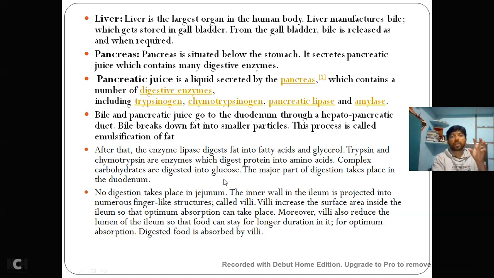The complex food substances which we ate will be broken down into simpler, absorbable micromolecules in the duodenum. Finally, the carbohydrates into glucose, proteins into amino acids, fats into fatty acid and glycerol.